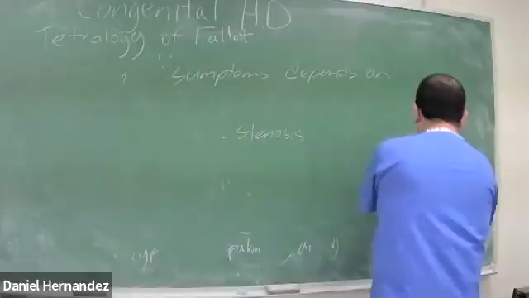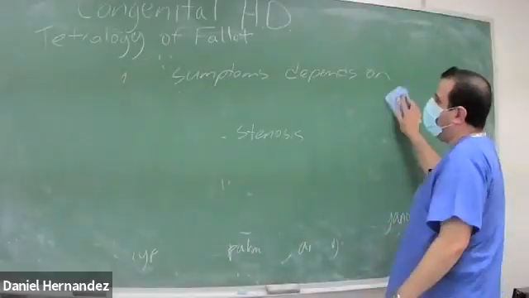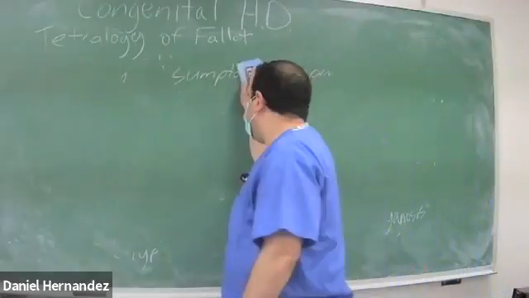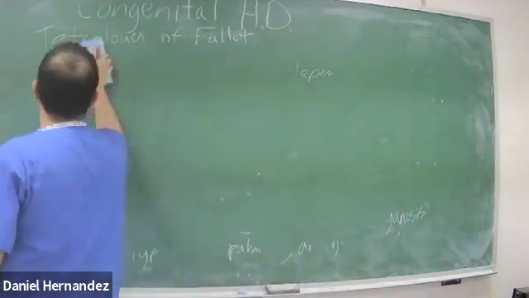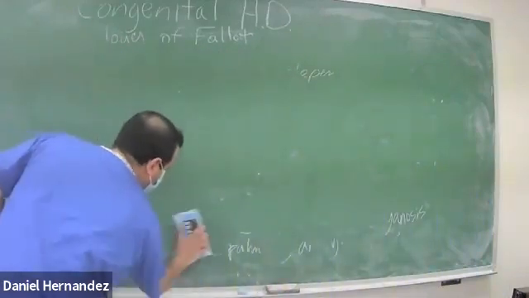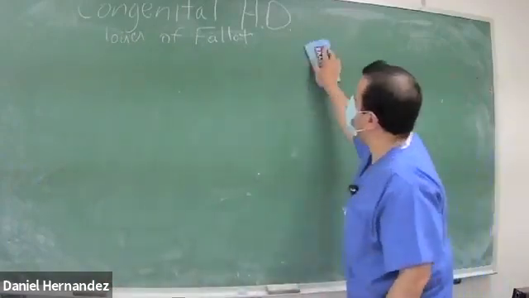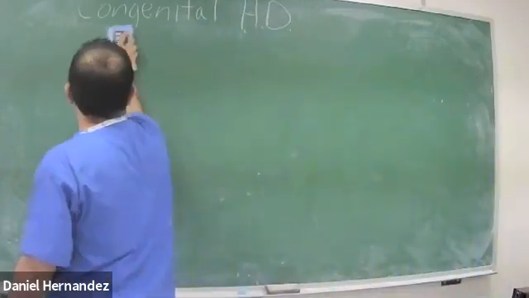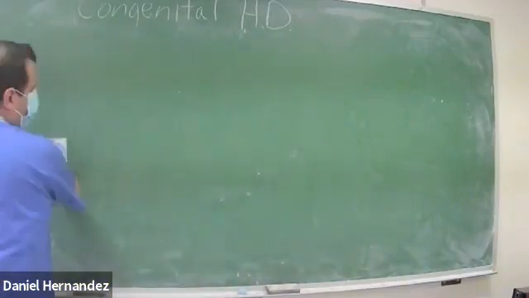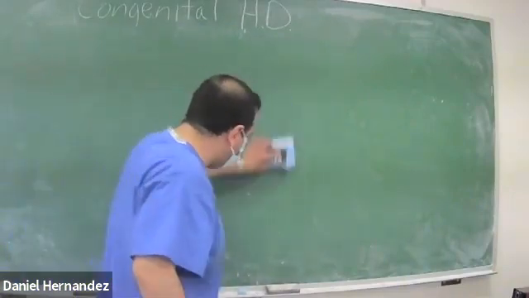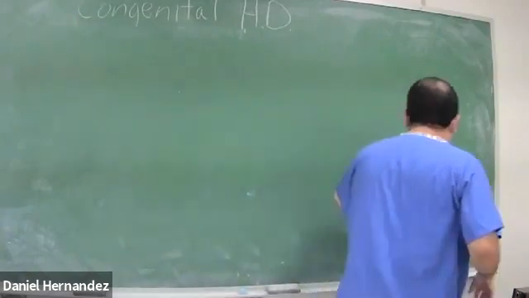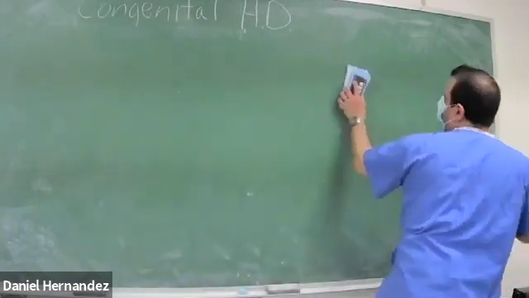So just remember, always keep in the back of your mind, is it a pressure overload or a volume overload? Are we talking about pressure or volume? And then understanding the heart's response to pressure versus volume. So with volume overload, the heart's response is going to be dilatation.